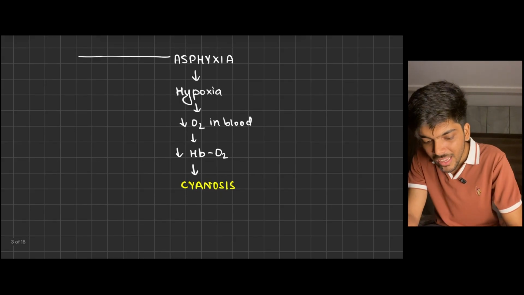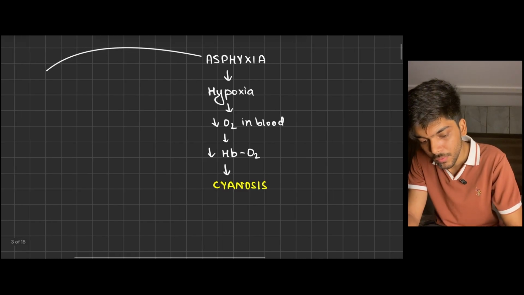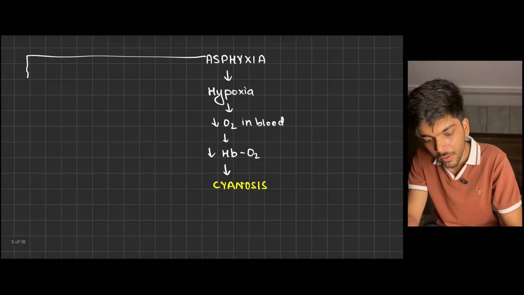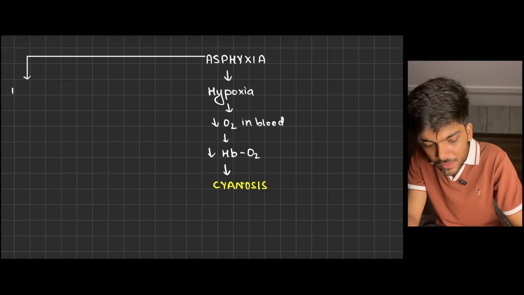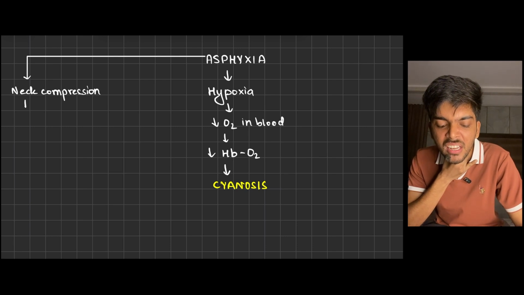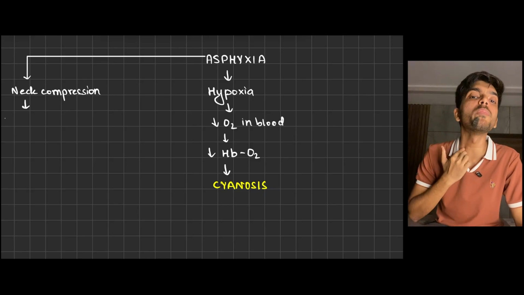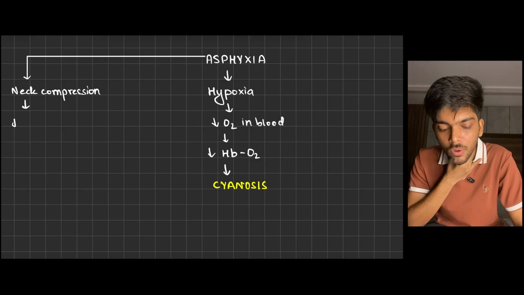Second, if asphyxia is due to neck compression, that is somebody compresses your neck and then you get asphyxiation, in that case, along with the neck, what is also being compressed? What is superficially here? There is the jugular vein. So the jugular vein also gets compressed.